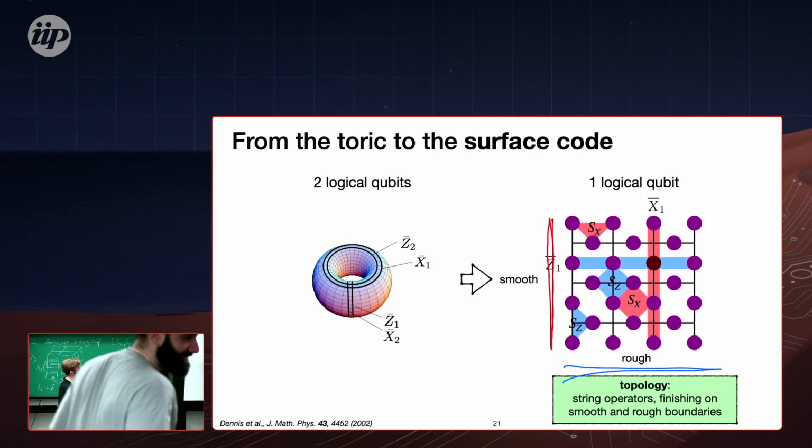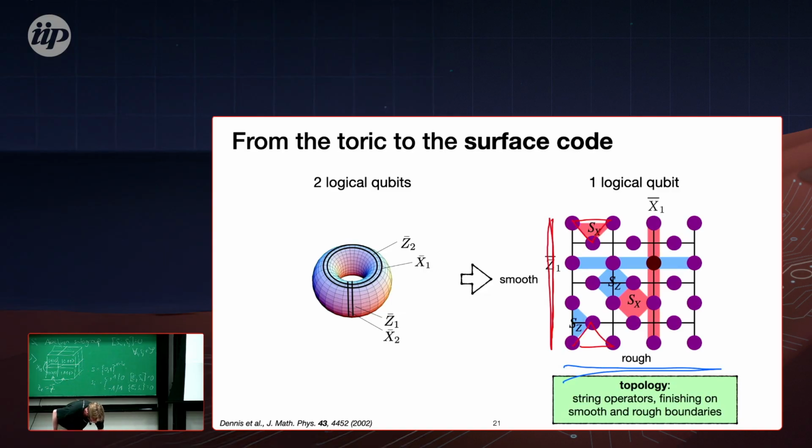This ensures that if we now put 3-body X stabilizers only on the rough and 3-body Z stabilizers on the smooth boundary, then we can still encode one logical qubit. So in that case, we lose those logical operators that have been on this second lattice.